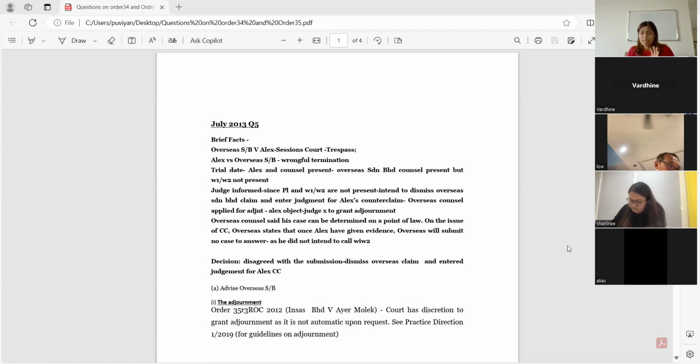One more thing you must understand, it doesn't mean that if you put everything inside, you will gain those marks. They're just asking you to comment on whether the session court judge not granting the adjournment is right or wrong. You have stated it is not wrong because at the end of the day it is the discretion of the court whether to grant or not to grant adjournment.